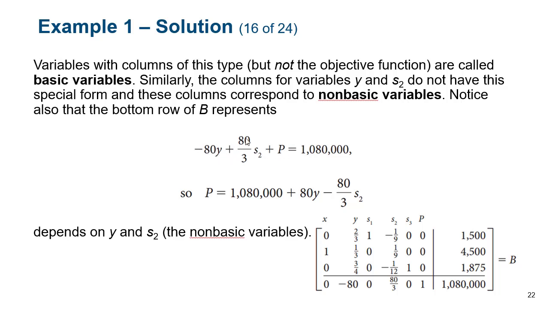Negative 80y plus 80 over 3 slack variable plus profit equals this. And if we solve for profit, we put this stuff on the other side. And so our profit actually still depends on y and slack variable 2. So that's another reason why we're not really done.